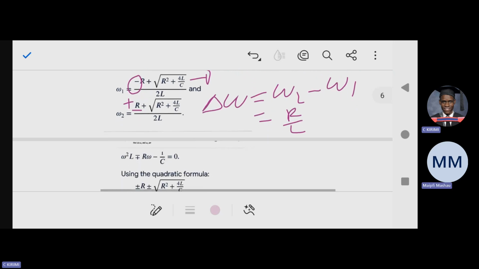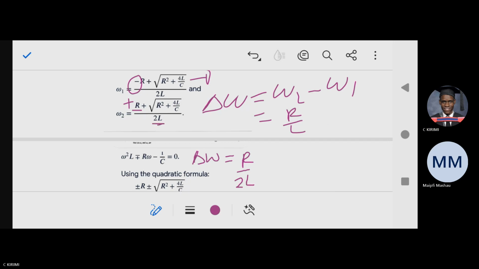So let's add them together, W2 and W1. It's a matter of fractions. Let's start with W2. The change in omega, that is frequency. It's R over 2L as a fraction, because there's 2L here.